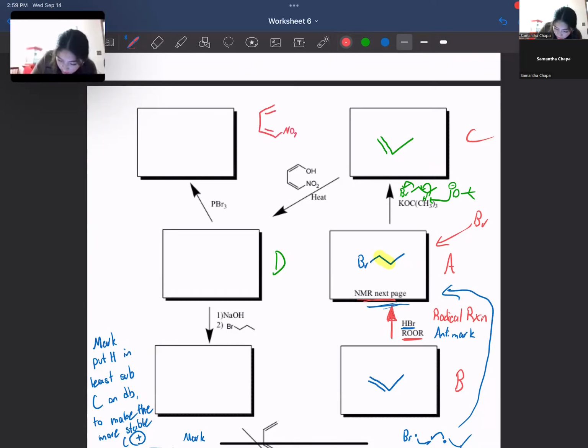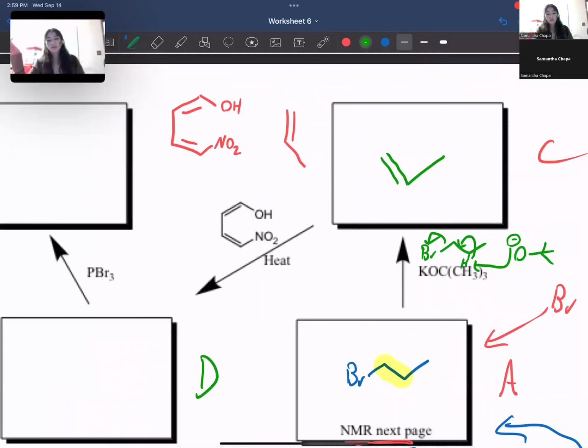So I'm going to redraw it to make it easier for me to see. I'm going to number my carbons, because numbering the only carbons that will undergo the Diels-Alder reaction is going to help you place the substituents on your new compound.